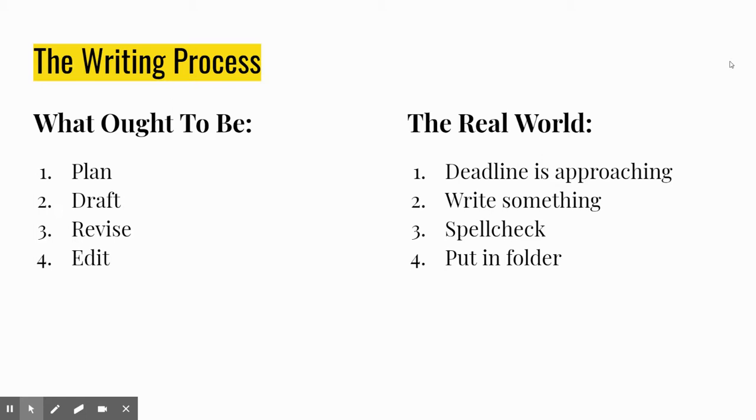We're going to go over parts and bits and pieces in class. There's plenty of time for people to plan as they go through this. Draft is to write it out, get it all on paper, have a first draft. And then revise is to make big picture changes. And then edit is to look at grammar and mechanics.